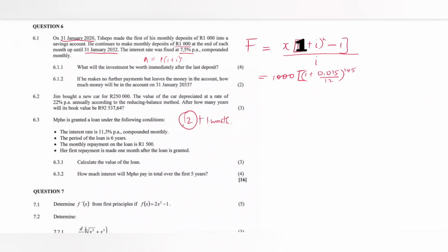Let's have a clear picture of why we have that plus 1 month. Let's assume we go from 31 January 2020 to 31 January 2021. I just want to make it short to show you why there's an extra month. 31 January, then 31 February, 31 March, 31 April, 31 May, 31 June, 31 July, 31 August, 31 September, 31 October, 31 November, 31 December, then 31 January.